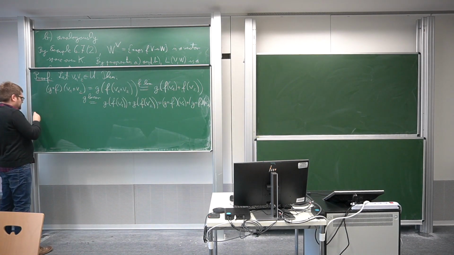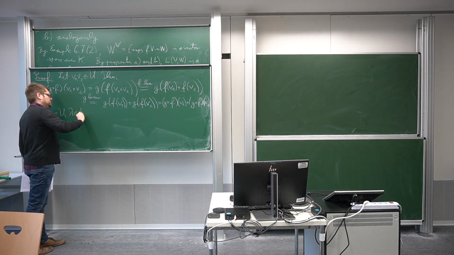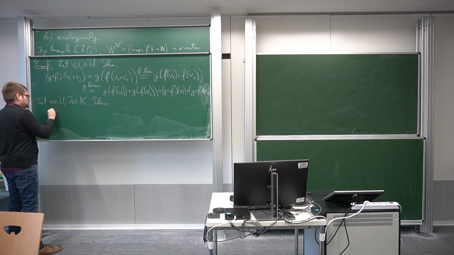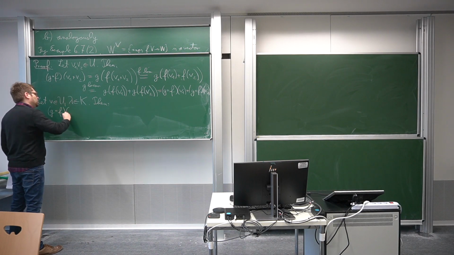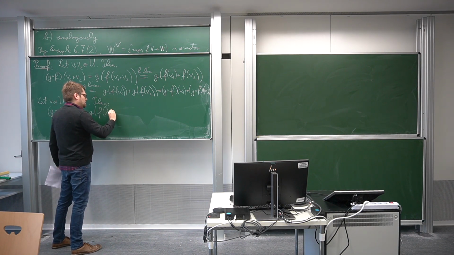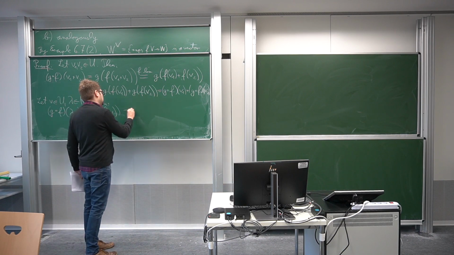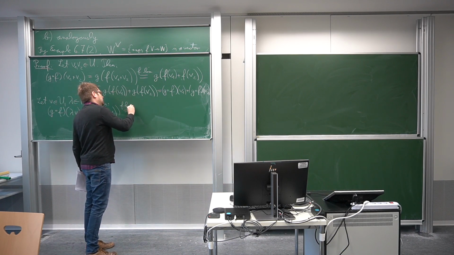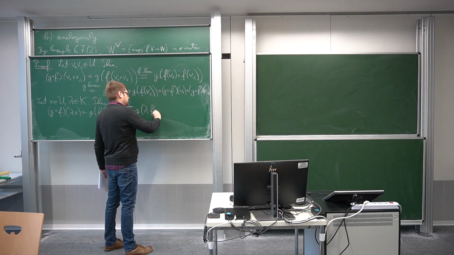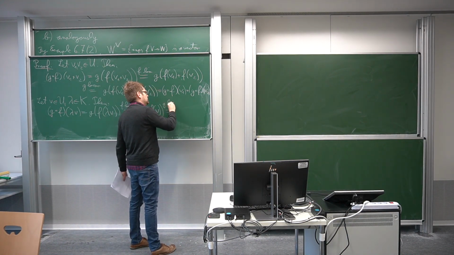Okay, now for the second property, we take V to be an element of U and lambda to be an element of K. Then it's basically the same computation. We take the composition G composed with F of lambda V. This is G of F of lambda V. And since F is linear, we can pull this scalar multiple out of the F. So this is G of lambda times F of V. Now we can use that G is linear, so we can pull the scalar out of this one.